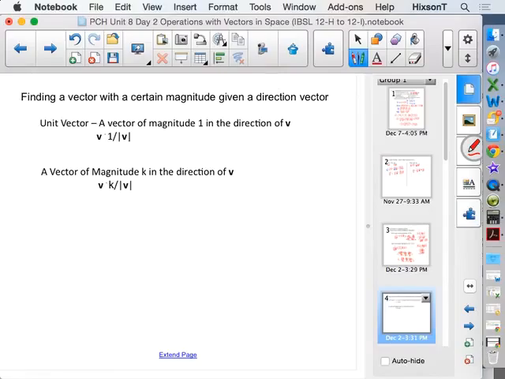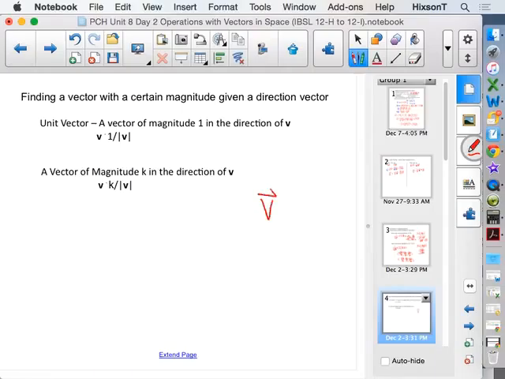I mentioned that you could do this last unit, but we still did it in 2 stages. Now I want you to get more comfortable doing it all in one step. If I want it to have a magnitude of k, then I'm going to multiply the vector by k over the current magnitude.